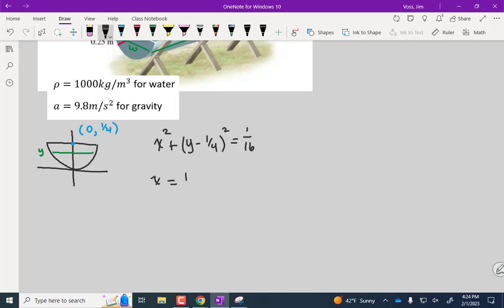So x will be plus or minus the square root of 1/16 minus, we'll FOIL this out, y squared minus 1/2 y plus 1/16. Foiling. So this will be plus or minus the square root of minus y squared plus 1/2 y.